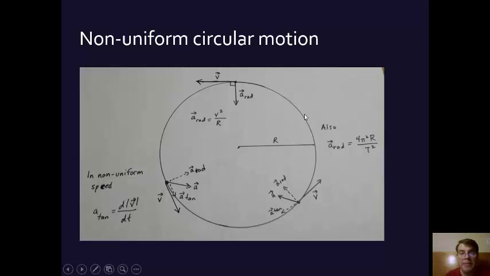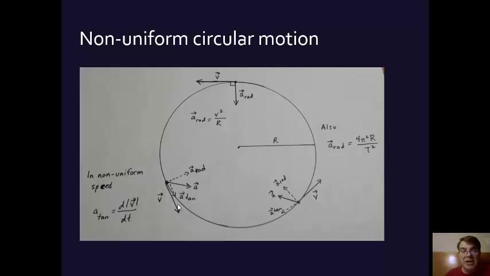And so the radial formulas actually stay the same. But now we have another component to the acceleration. Because it's not moving at a constant speed, we have a tangential component to the acceleration. If it's moving at a constant speed, then there is zero tangential acceleration.